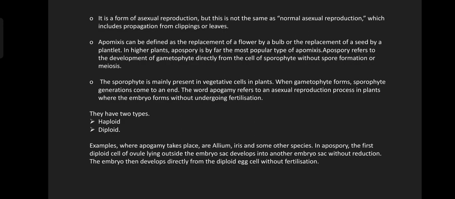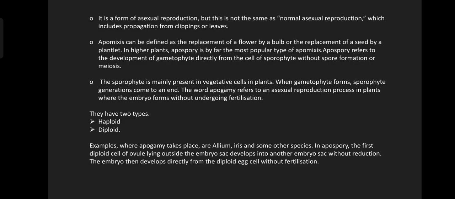Apomixis can be defined as the replacement of a flower by a bulbil or the replacement of a seed by a plantlet. In higher plants, apospory is by far the most popular type of apomixis.